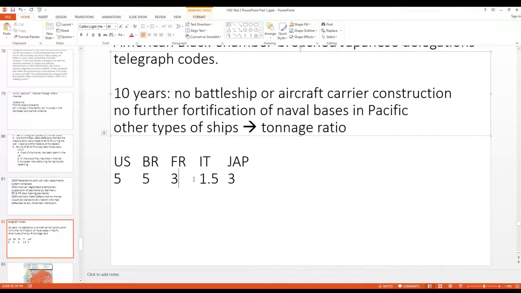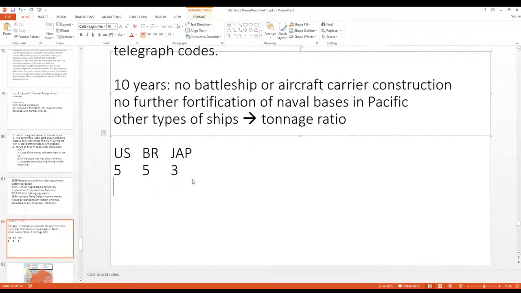The thing to really note here is, we don't even need the French and the Italians, it is the US, Britain, and Japan. These are the three major powers of the Pacific. For every 5 tons the US builds, Britain gets to build 5 tons, but Japan only gets to build 3 tons.